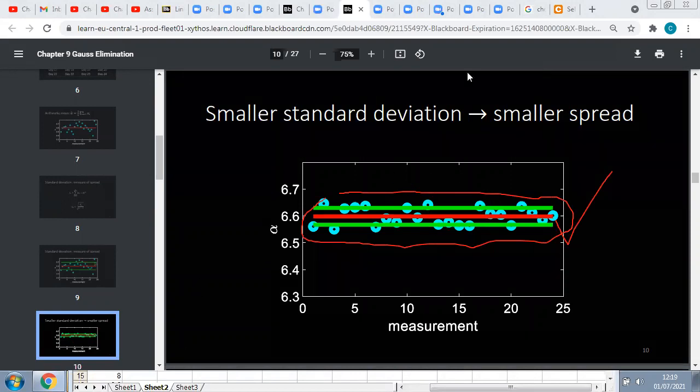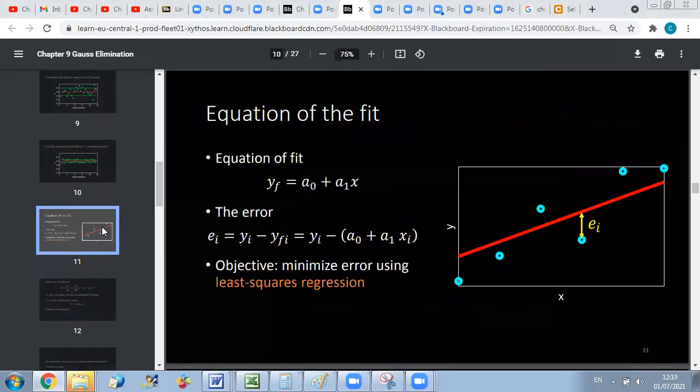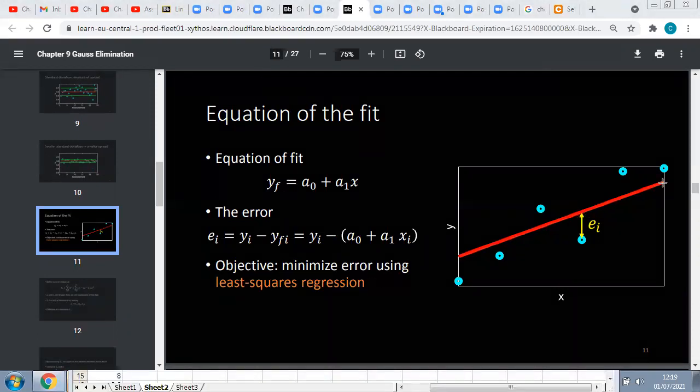Now from this idea we will define the error in case of a linear fit. Okay, so in a similar application, just now instead of comparing with the mean, when we do an equation fit, we compare with the value at the straight line. So our purpose here, this is our fit.